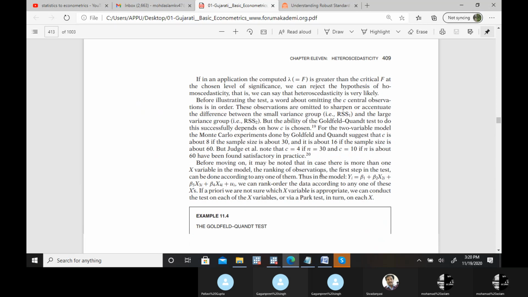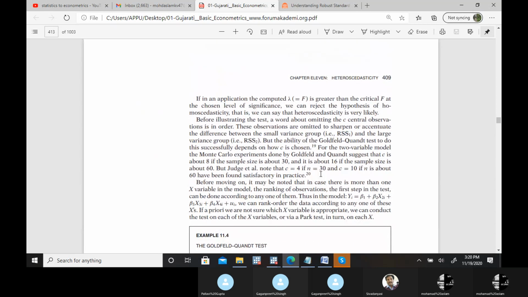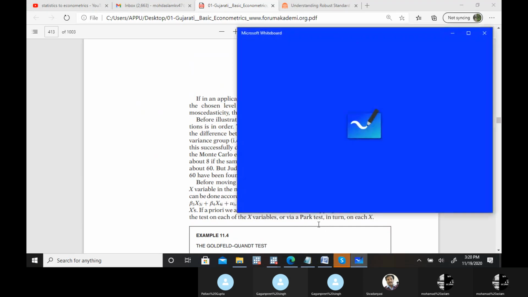Now just try to get this idea, what it means, what you are trying to omit. Still it's not working, I think. Okay, let's wait for it, because with the diagram it will give you more clarity about this step.